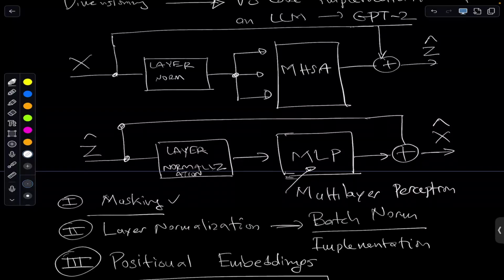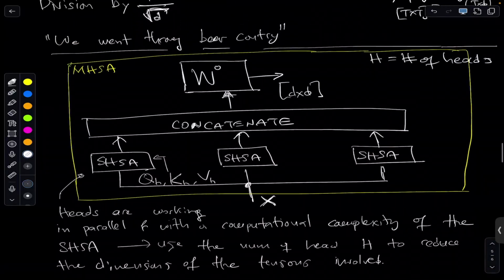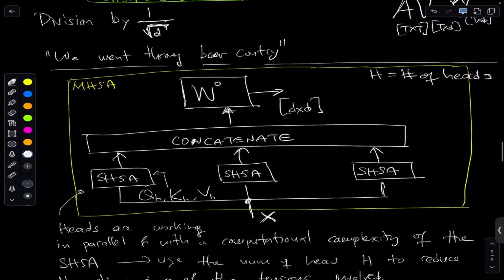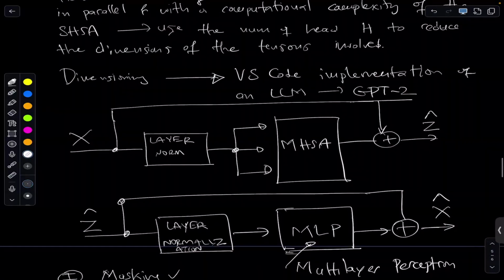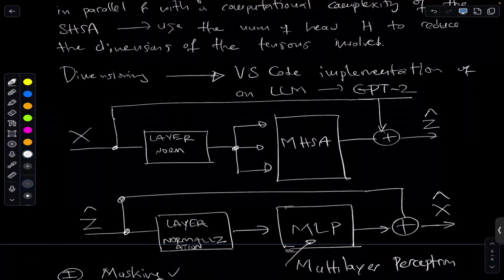These are all secondary elements of the architecture. I think personally the most important element of the architecture is to understand the single and multi-head self-attention mechanism and what it does effectively to form, finally, the contextual embeddings.